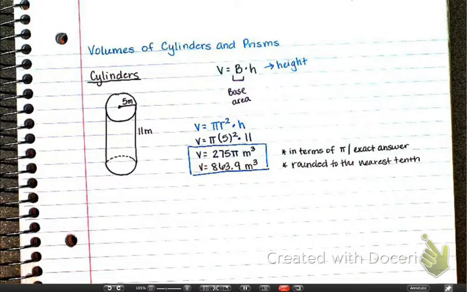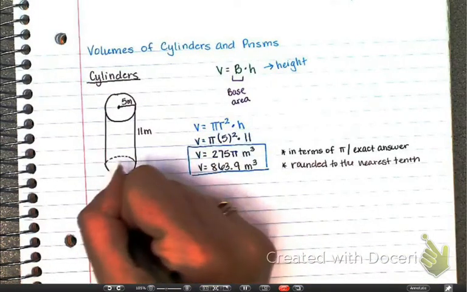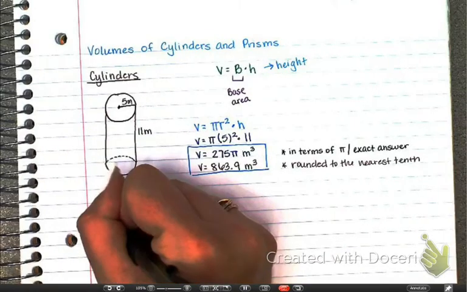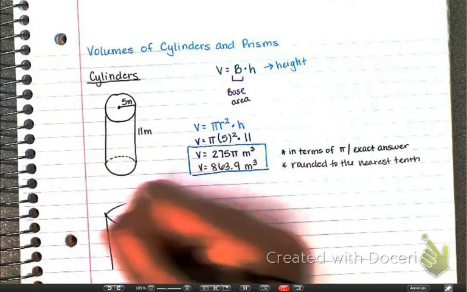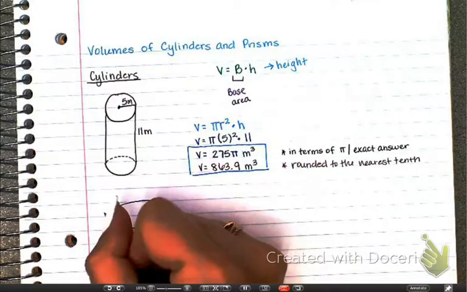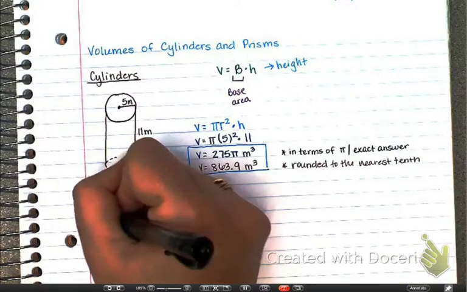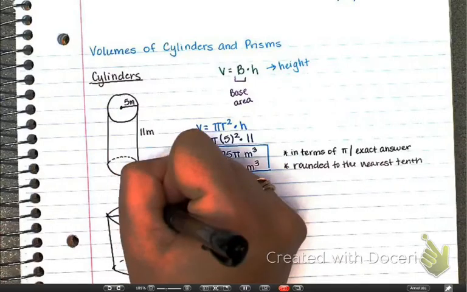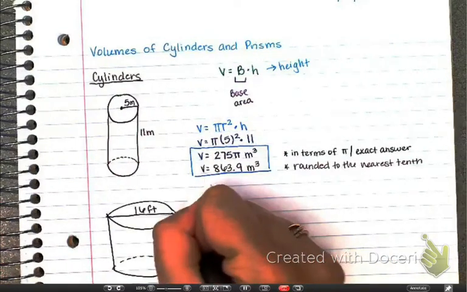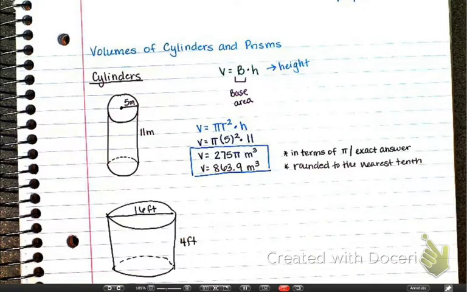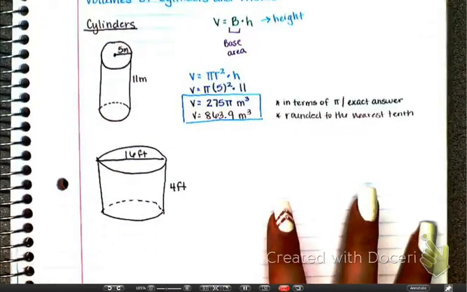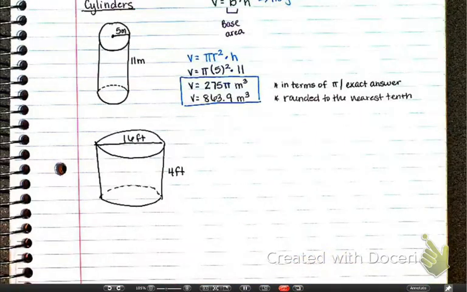Okay, let's draw another cylinder. Let's draw a bigger one. It doesn't have to be perfect, because this one is not. What shape is the base of this cylinder?